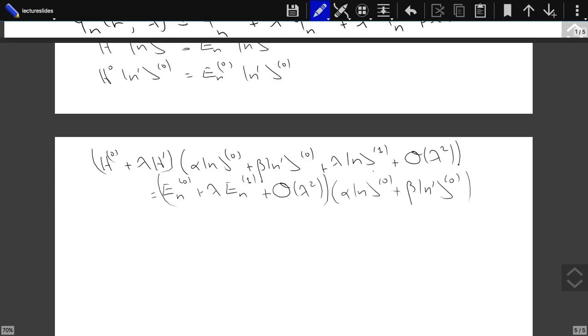Now, if you just look at the lambda to the 0 terms, that just gives us the unperturbed Schrödinger equation whose solution we already know. So let's look at the first corrections, the lambda to the 1 terms on both sides.